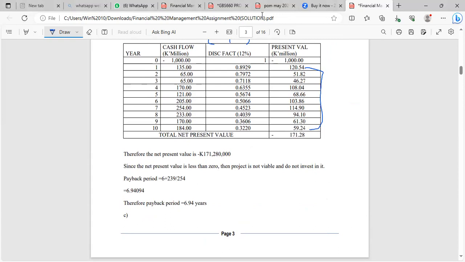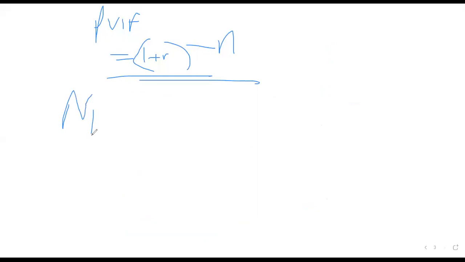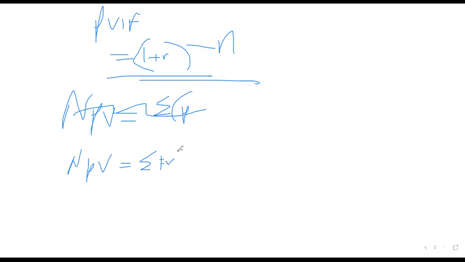So NPV, the formula for NPV is equal to the summation of present values, where we simply say NPV is equal to the summation of future value times (1 plus r) to the power negative n.